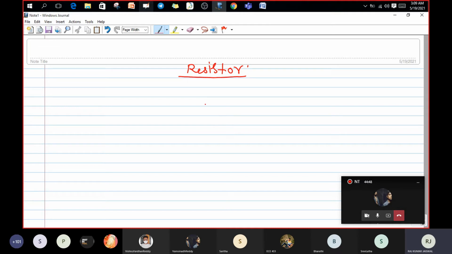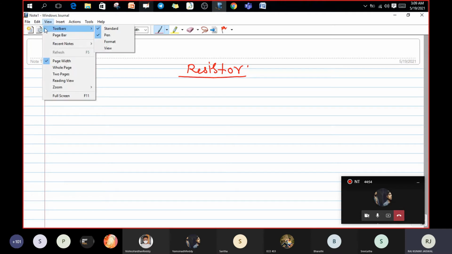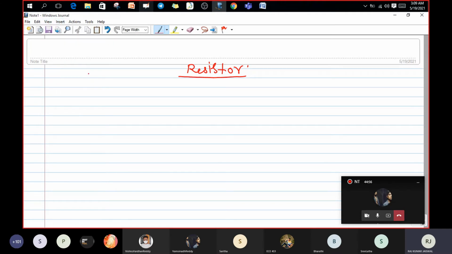A resistor is a, write with me and everyone, you make the notes with me. A resistor, wait a minute. A resistor is a passive.